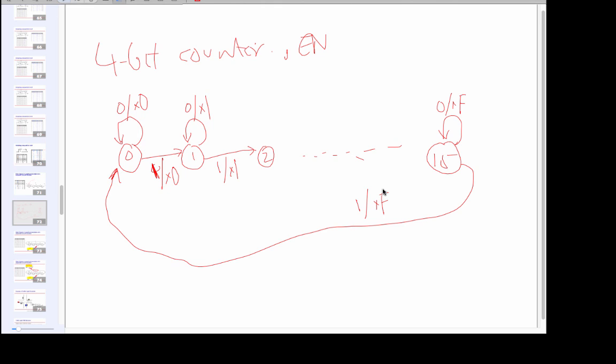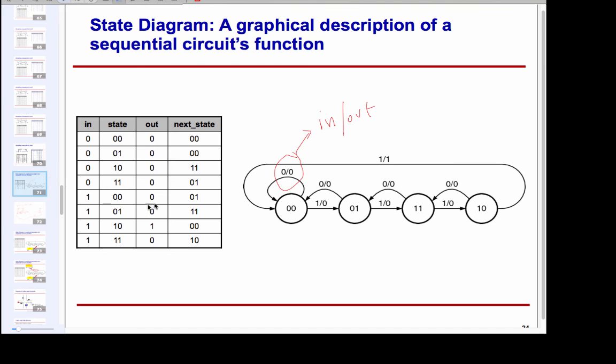Now it turns out that for more complicated problems, it's easier to start with this kind of a state diagram, because given a problem specification, you think about what the states are and how you are going to move between them, and then translate this into our table, which we can implement.